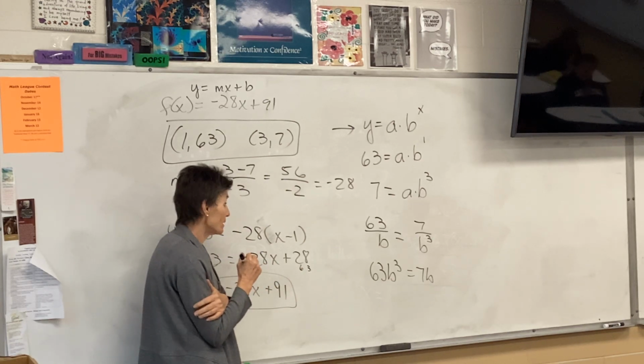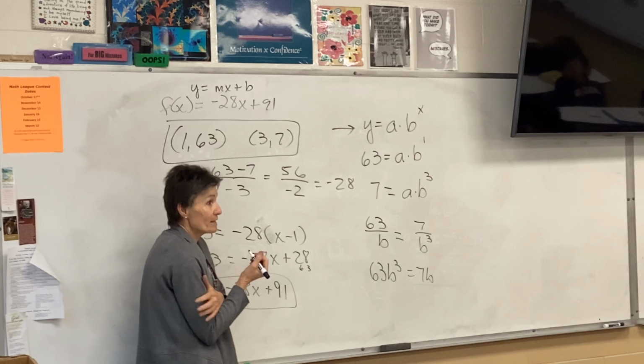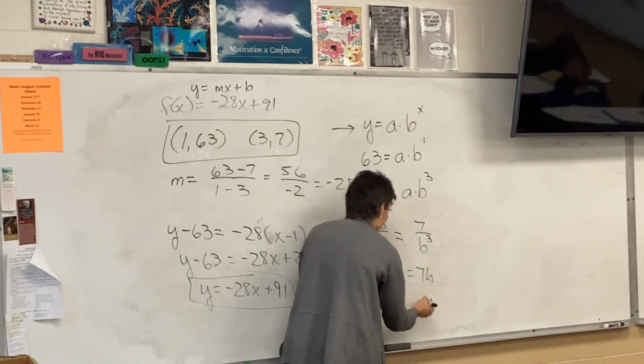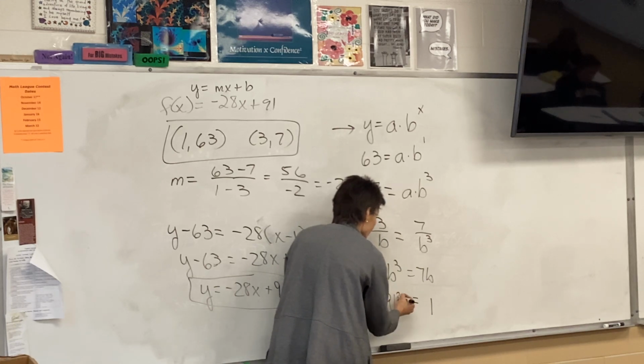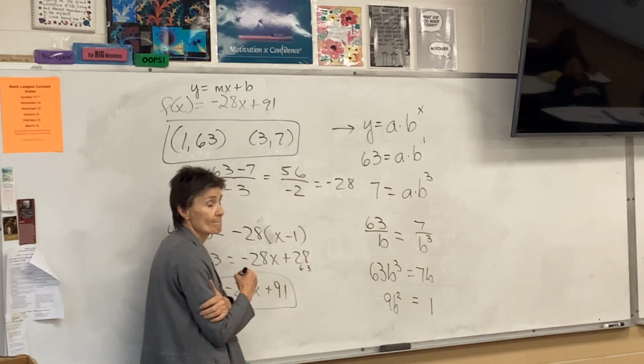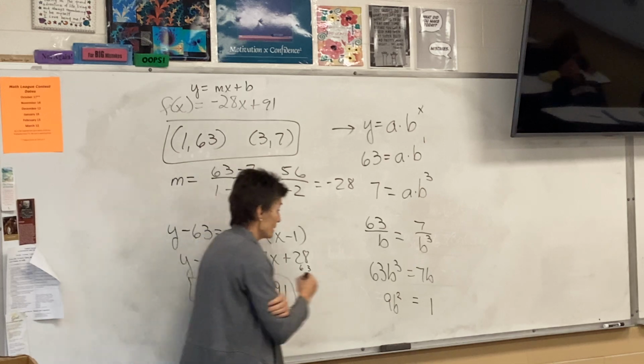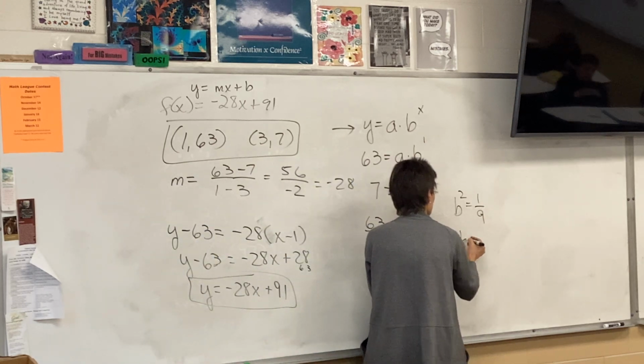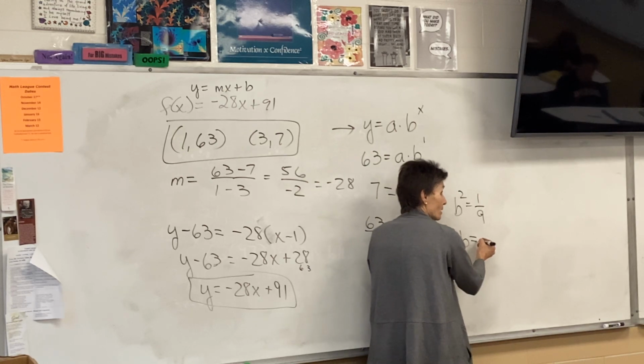You could actually divide by 7b if you wanted to. So you'd have 1 equals 9b squared. So b squared equals 1/9, which means b equals 1/3.